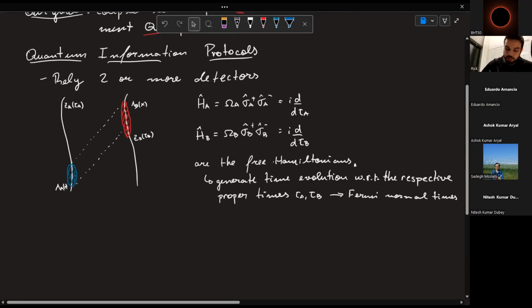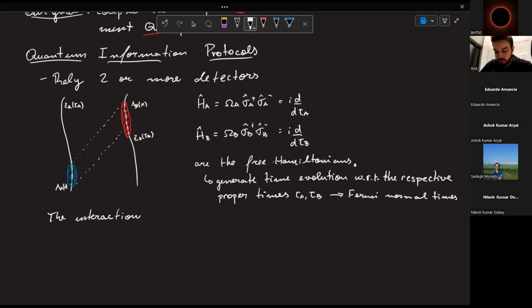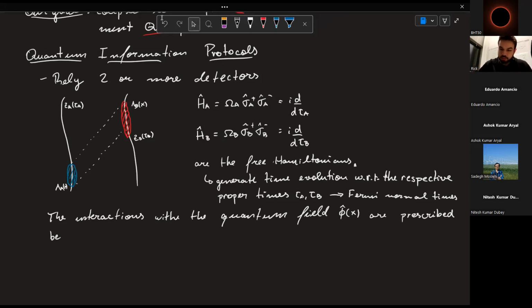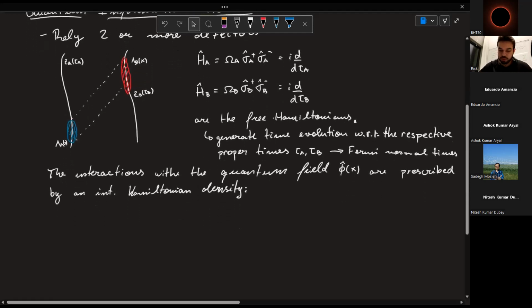Same as before, the interactions of each one of them with the quantum field phi of x are prescribed by an interaction Hamiltonian density, which combines the interaction Hamiltonian density of each one of them.